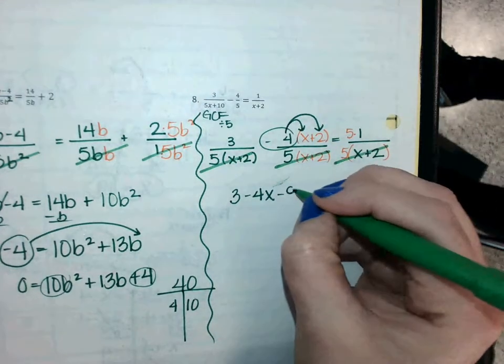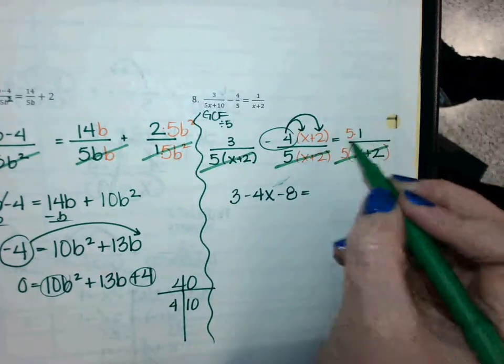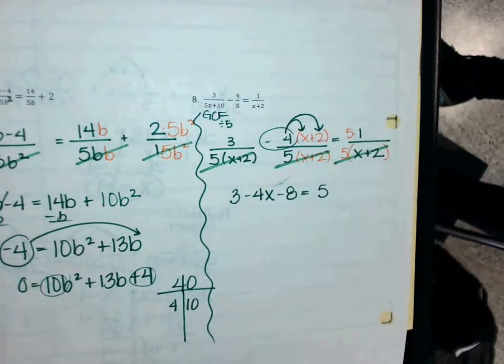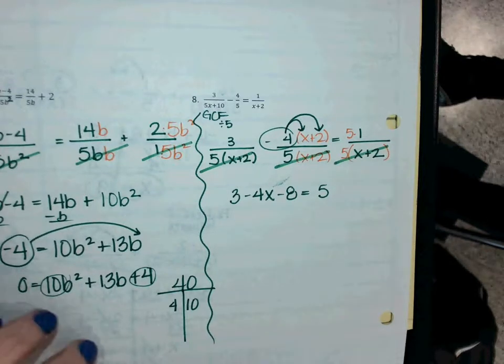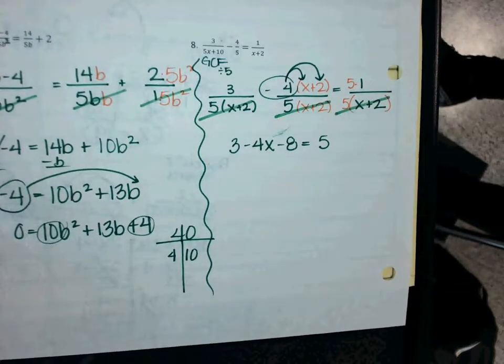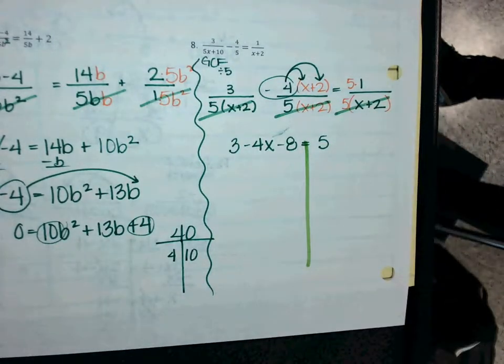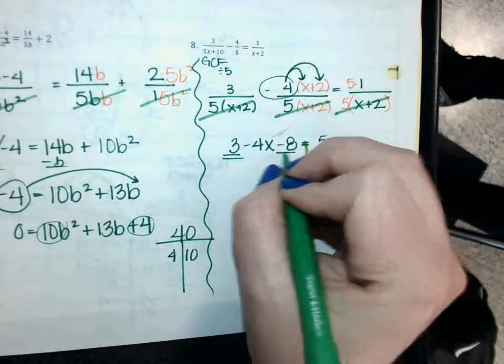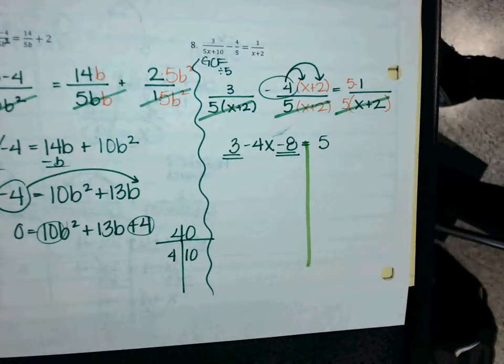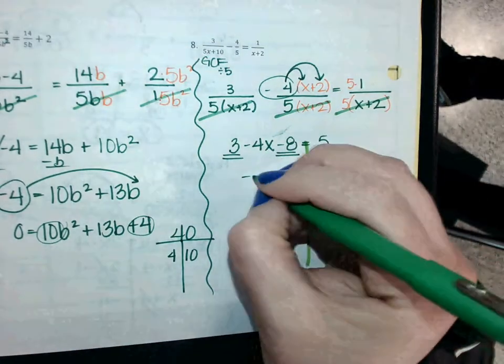Minus 8. Very good. And then equals, what's this? 5. Because remember, you're doing the 5 times the one that was already there. Then from there, what is 3 and minus 8 combined? Negative 5. Good. Since they're already on the same side, I can just put them together. So 3 minus 8 is a negative 5.